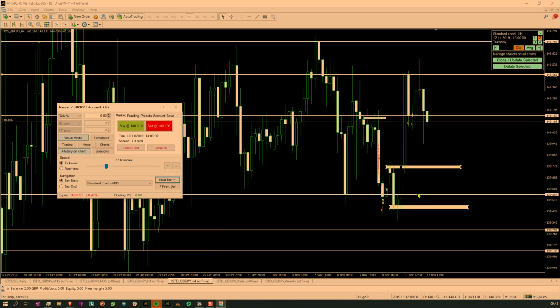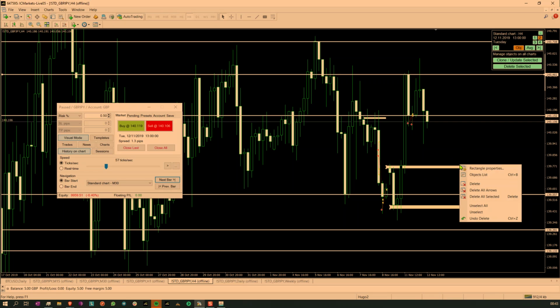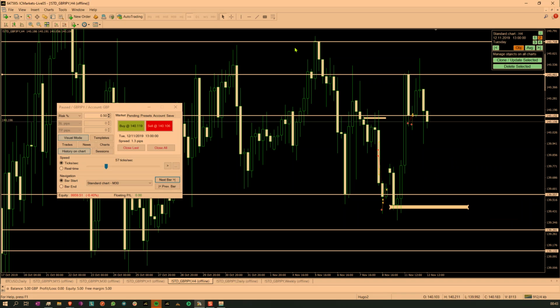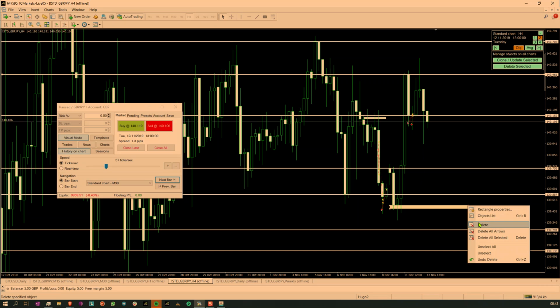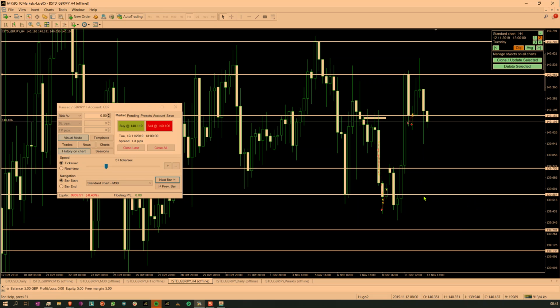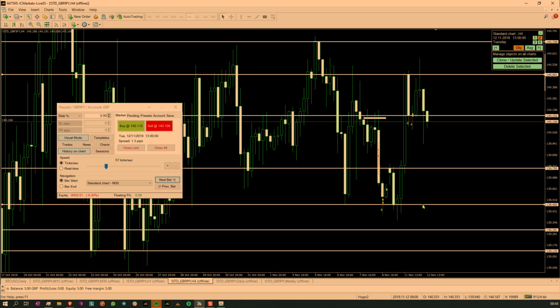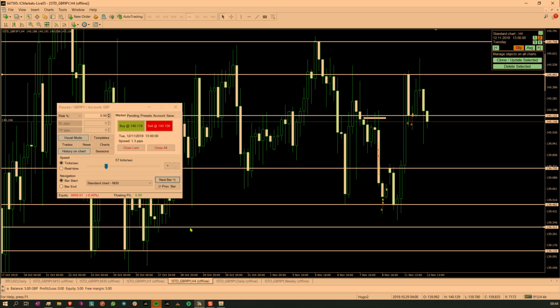So 4 hours is breaching the low here. So we might fill this wick here. And yeah, next to this, and this one here, that one there.